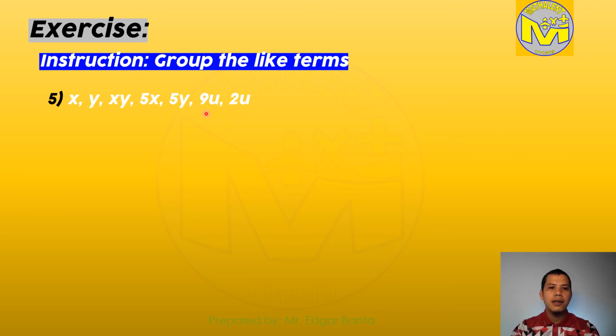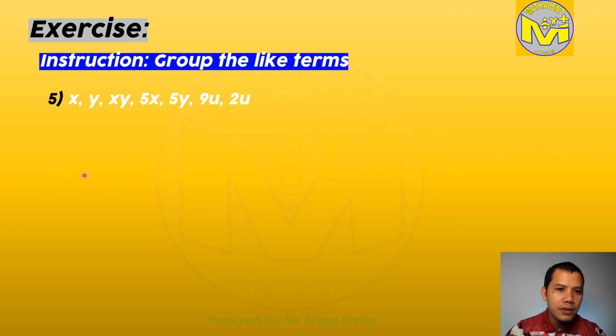What's first? X, y, or u? If you will go to alphabet, u is first. U. Next is x and the y.